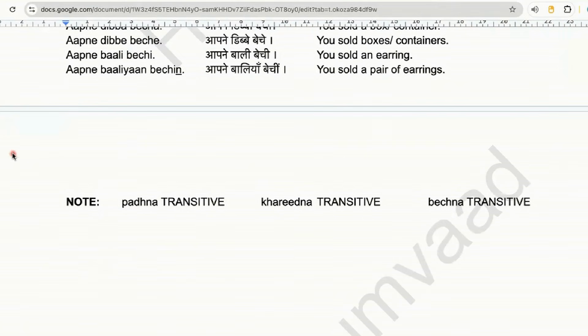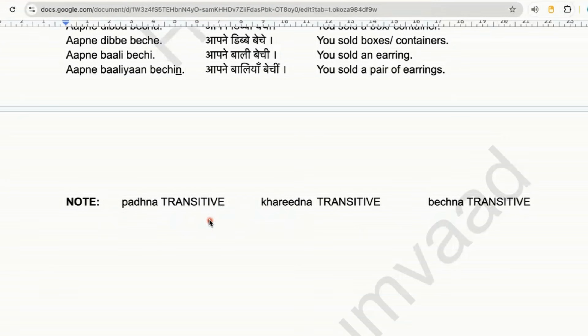Finally, let's summarize. You have three verbs on your screen: पढ़ना, खरीदना, and बेचना. These are the three verbs that we started with. So, what did we find? We found that padhna is a nay verb. Transitive matlab it's a nay verb. You don't have to remember these terms, transitive and intransitive.